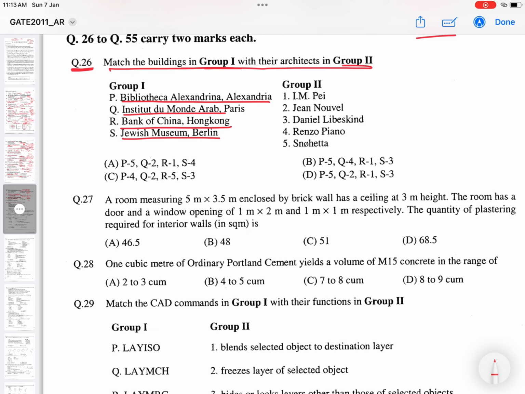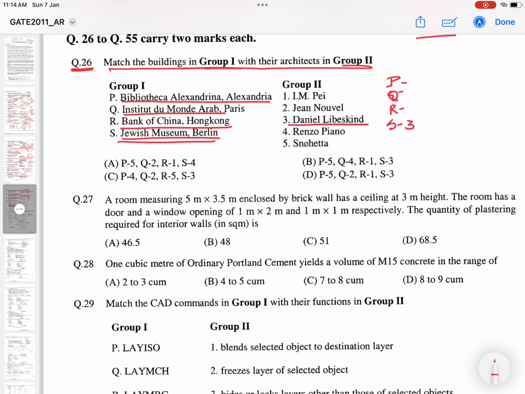Start with the one which you know the best. Like I know the best is Jewish Museum Berlin because I gave a presentation on it in my college days. It was done by Daniel Libeskind.